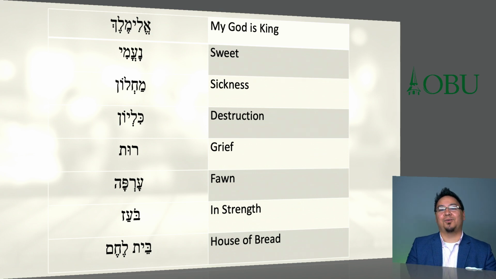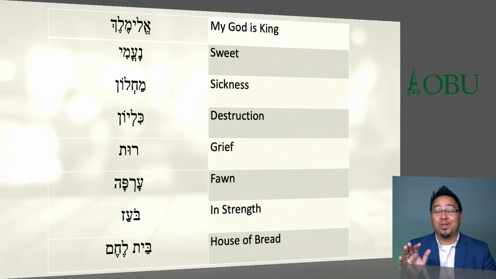Ruth, who some people translate Ruth's name as friend. In this instance here on the screen, I've translated Ruth's name as being grief. Either one would work really well for highlighting Ruth's character in the story. If she's the friend, she sticks closer than a friend to Naomi through the entirety of the story. She doesn't leave her and go back to her home as Naomi bids her. Rather, she stays with her.